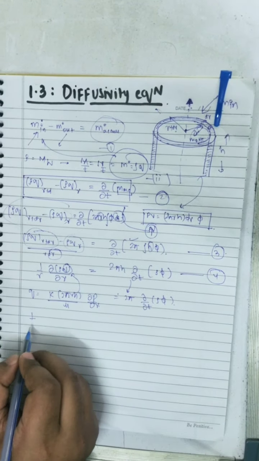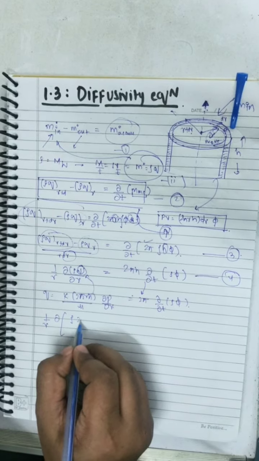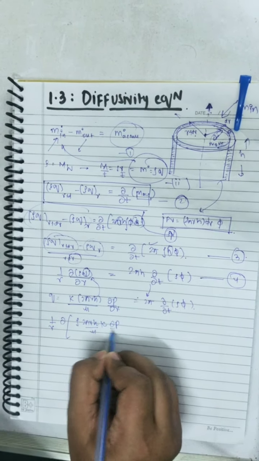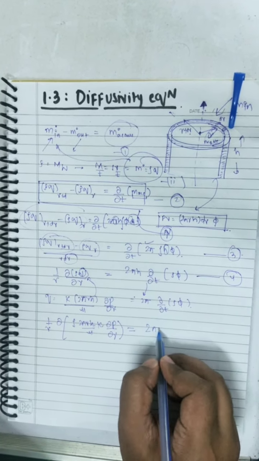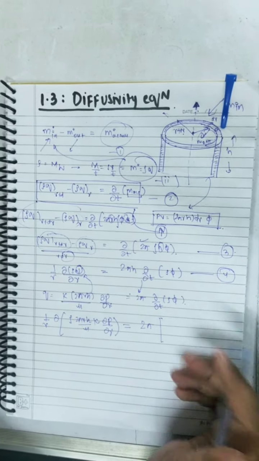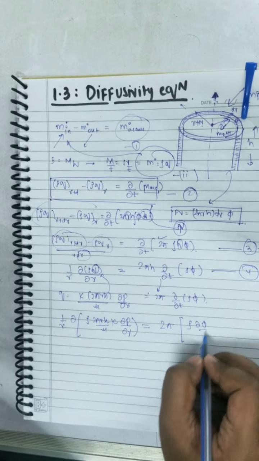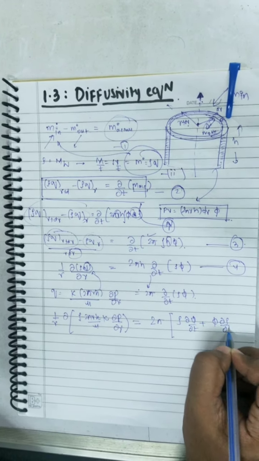We'll substitute everything: del by del r of rho 2 pi r h by mu k del p by del r. The left hand side is sorted. Now by the multiplication rule of differentiation, we get rho del phi by del t plus phi del rho by del t.